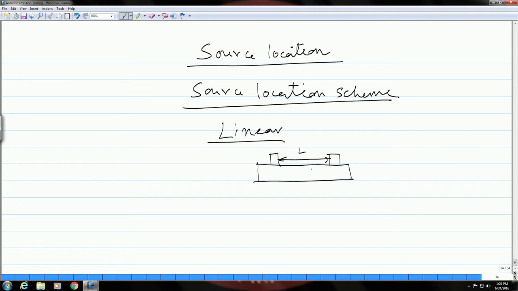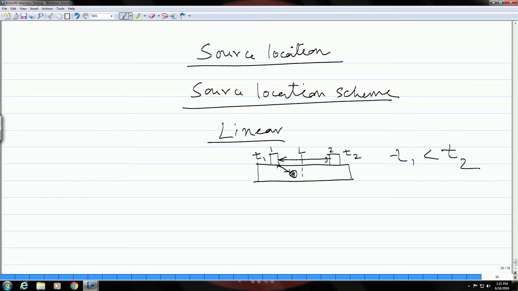So, let us say if you have a source somewhere here, okay, you will be able to receive the signal first by the sensor which is closer to it. Okay. So, you will receive this signal by this sensor at time t1, and by this sensor at time t2. So, if the source is closer to sensor 1, then t1 would be less than t2.